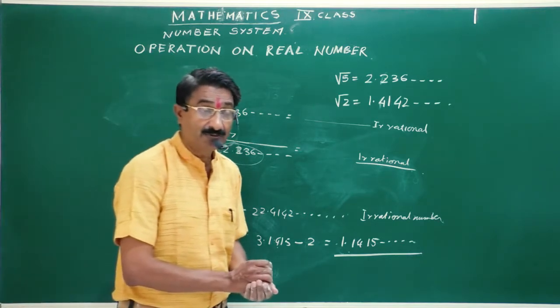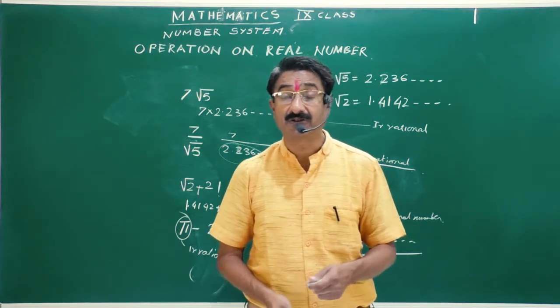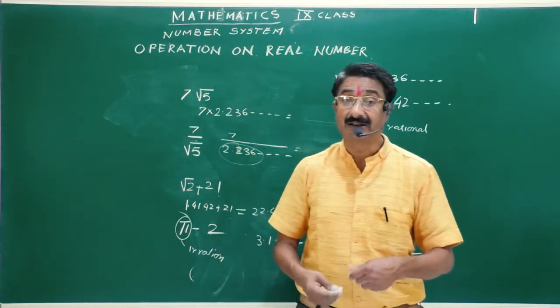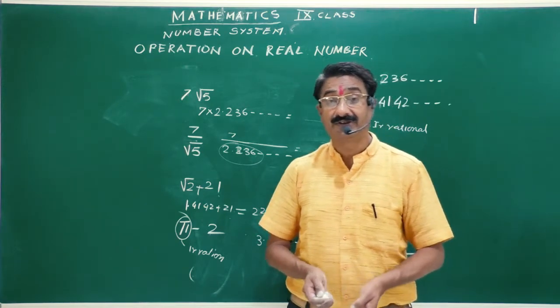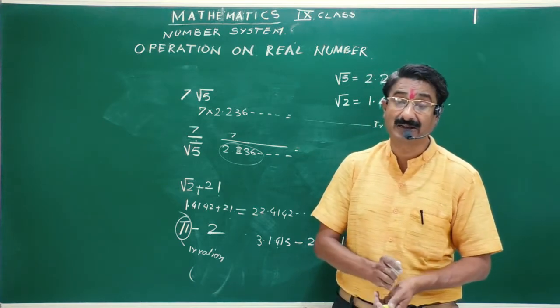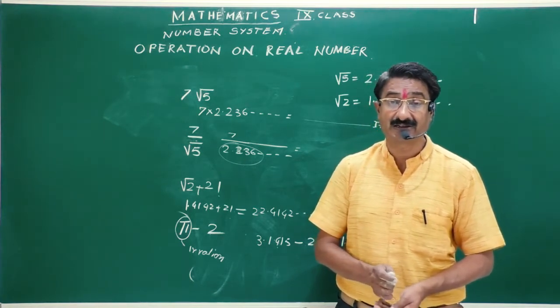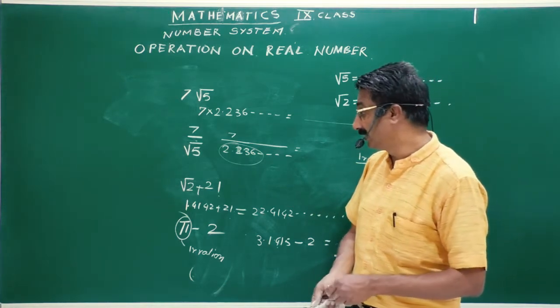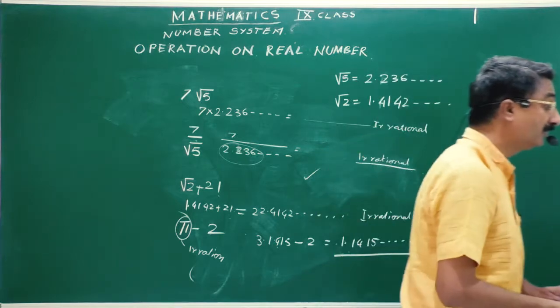But if you multiply an irrational number by an irrational number, it is not defined whether you will get irrational or rational. It is conditional. If it is the same value, then you will get a rational number. If it is not the same, then you may get rational or irrational in that case also. So I think this is very clear to you.